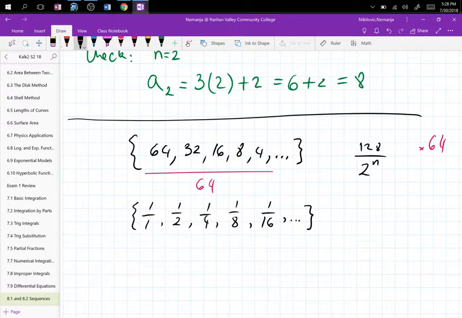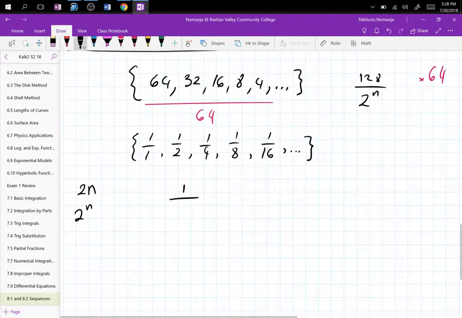And now you see that your numerator for the formula is always 1 divided by, and now the denominator. The way it grows is either 2 to the n or 2n. Those are the two options that you guys have, right?